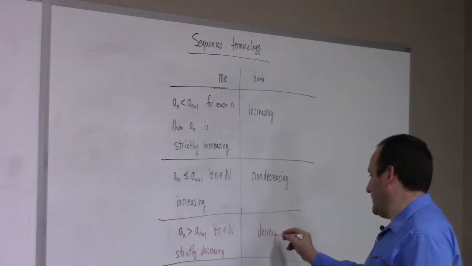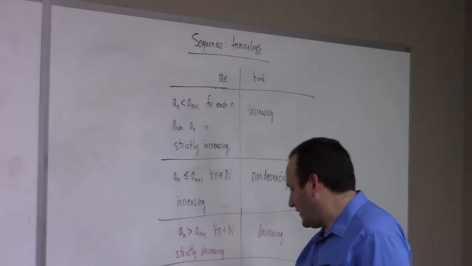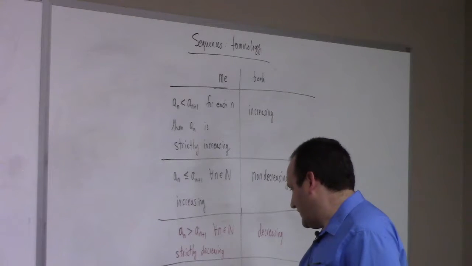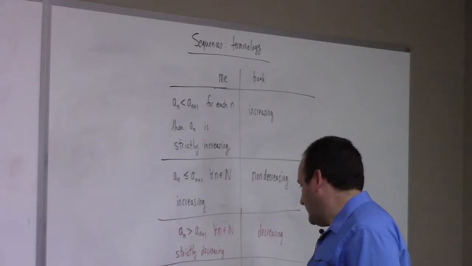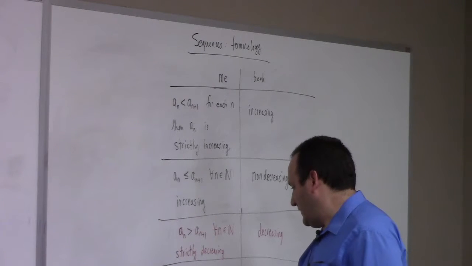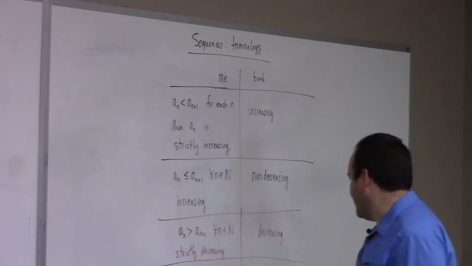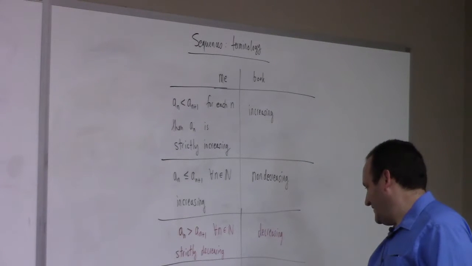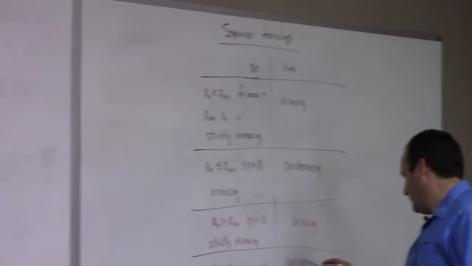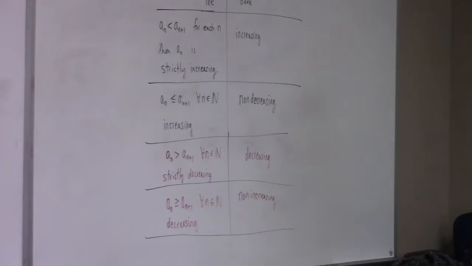I think you see where this is going. The book is consistent, just wrong. And then a_n greater than or equal to a_{n+1} for all n, I would say it's just decreasing, and the book would say it's what? Non-increasing. Very good. Weird. Anyway, just so you're aware, I will use my terminology, not the book's. So I hope you can deal.